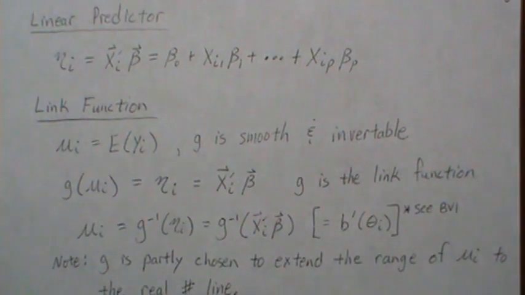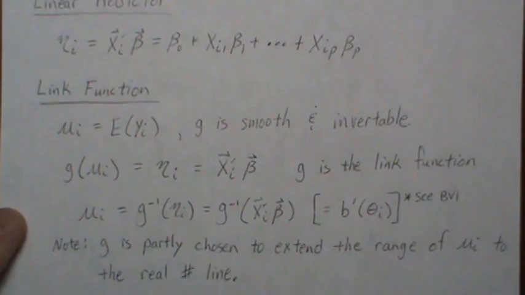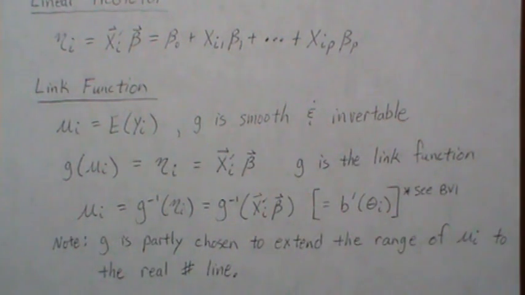Note that g is partly chosen to extend the range of the means to the real number line. For example, in the normal distribution setting, our y is normally distributed, so it takes on values on the real line, and so does the mean. So when we use the identity link to map the reals to the reals, it makes sense. In the Poisson regression setting, our data are non-negative, and the mean of a Poisson is non-negative, so we need to find a function that takes those non-negative values to the real number line.